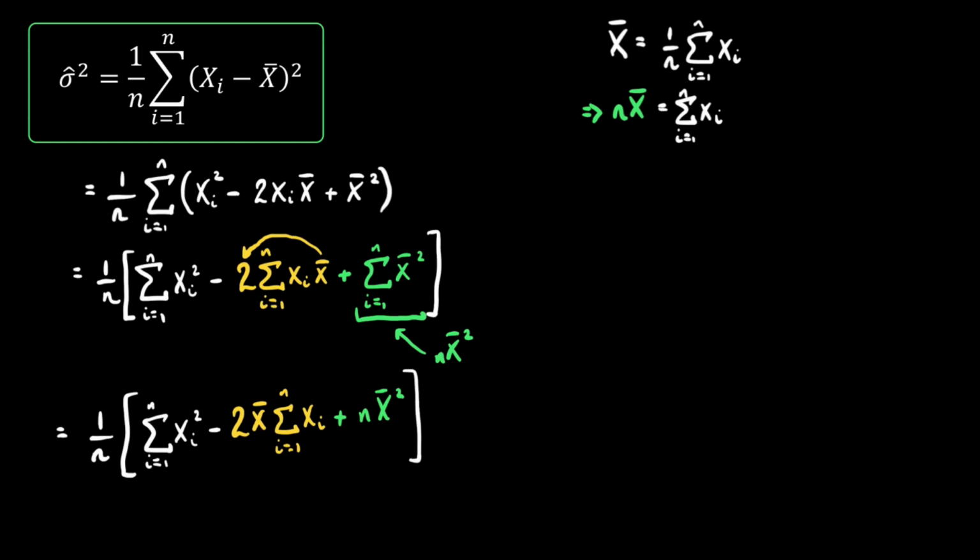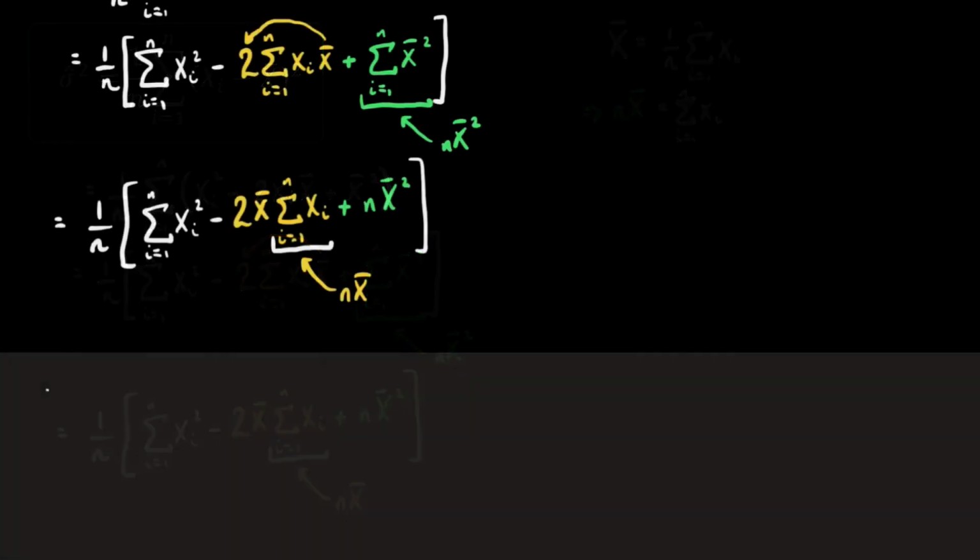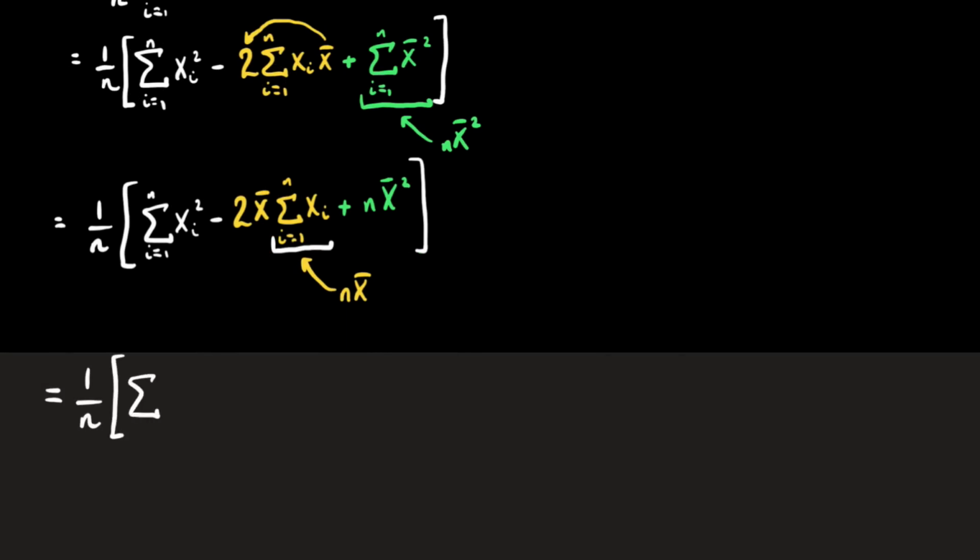So we have a sum from i equals 1 to n of xi within the brackets, and we can replace this with n lots of x bar. So rewriting the expression gives us 1 over n times by the sum from i equals 1 to n of xi squared minus 2 times by x bar times by the sum of the xi's, but remember the sum of the xi's is n lots of x bar, plus n lots of x bar squared.